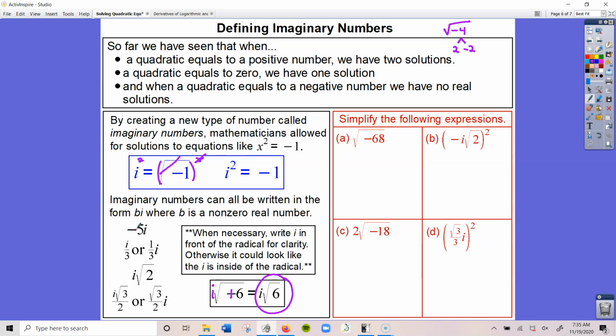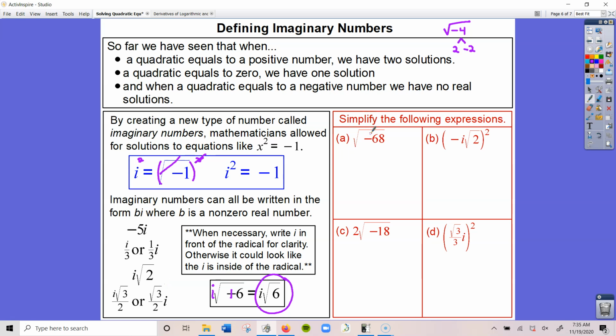And I put here various ways of representing imaginary numbers that are all acceptable: -5i, i over 3, or you can separate it and put 1 over 3i, i square root of 2, i square root of 3 over 2, or square root of 3 over 2i. Think of the i as kind of like another variable, but it represents an imaginary solution.